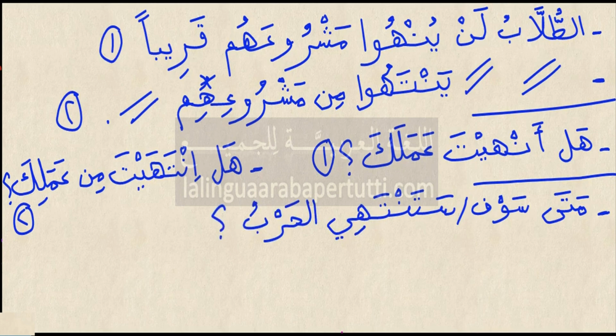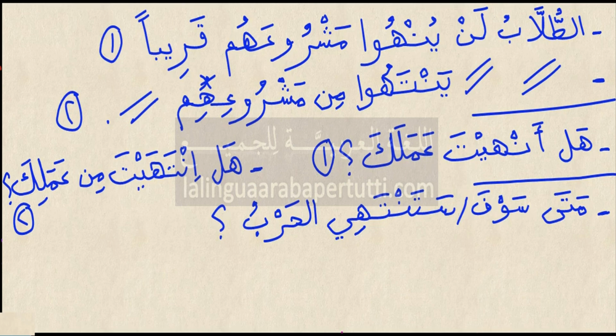Here we should notice two things. Number one, تنتهي is conjugated to هي. Why? Because الحرب is feminine. It doesn't have ta marbuta, but it's an exception. Here we said سوف تنتهي or ستنتهي.